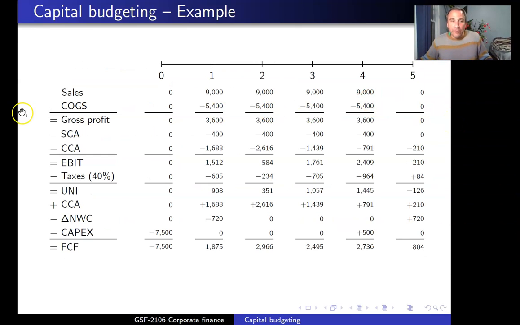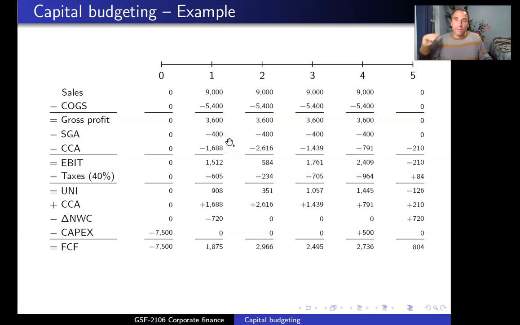Okay, so here's the timeline. At time 0, minus $7,500 in capex, so free cash flow for year 0 is minus $7,500. Year 1, $9,000 of extra sales, $5,400 of extra costs, which means an increase in gross profit of $3,600.